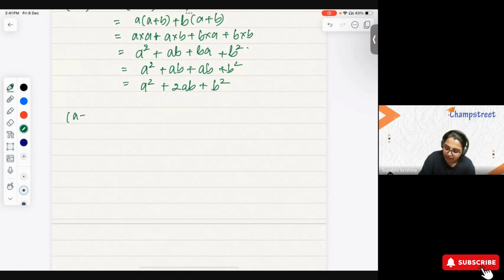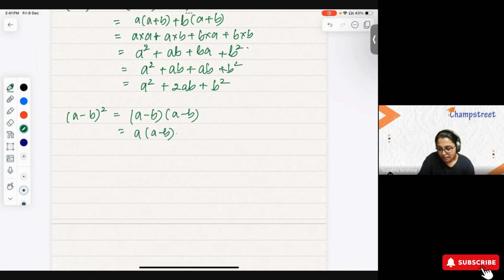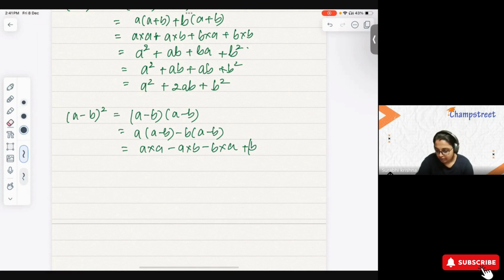So we will quickly find out the derivation of this. It's nothing but a minus b into a minus b. So we'll have a into a minus b minus b into a minus b: a into a minus a into b, minus b into a, minus b into minus b.